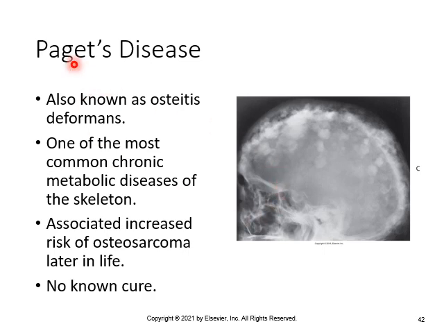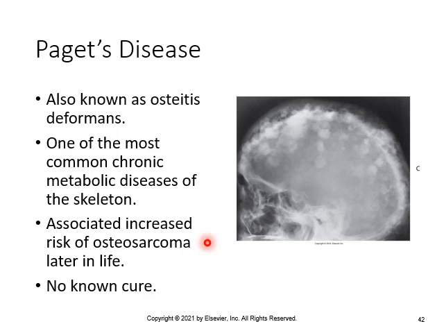What is actually happening here metabolically in Paget's disease is unbalanced lysis versus building. The osteoclasts and osteoblasts are not working in tandem. Usually the osteoclasts begin and break down a large area of bone.